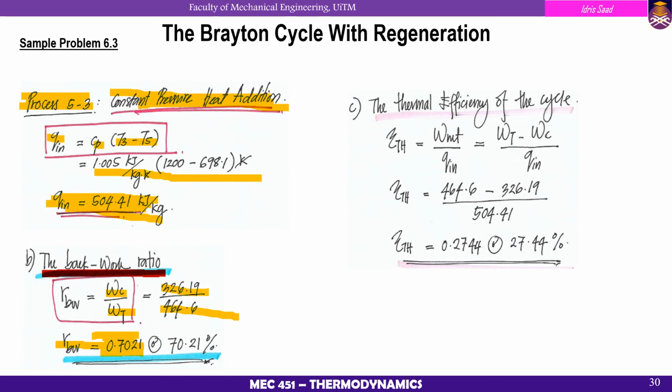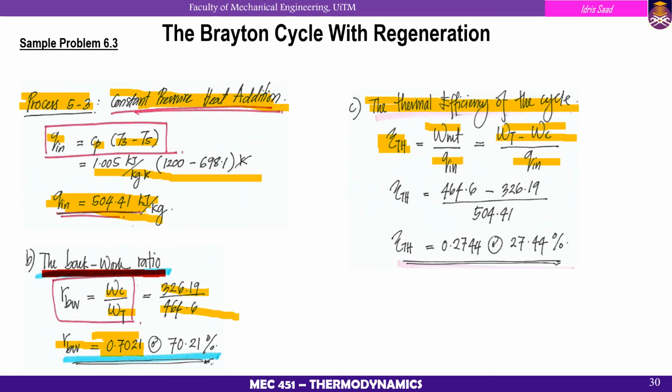From this we can calculate the thermal efficiency of the cycle. We know that the thermal efficiency of the cycle is equal to work net divided by Q in, where work net is work turbine minus work compressor. We already calculated work turbine, work compressor, and Q in.